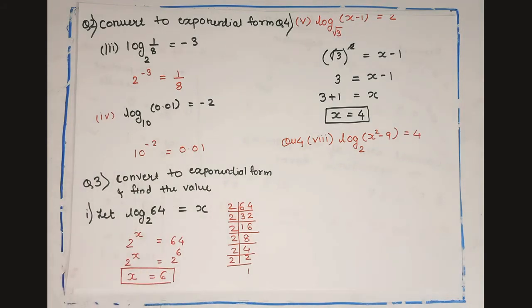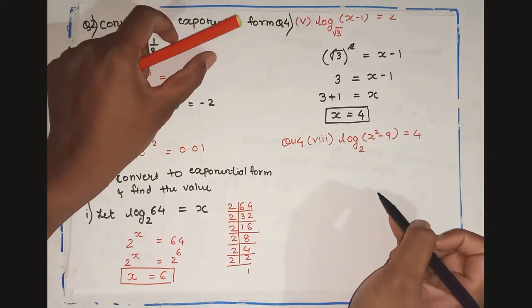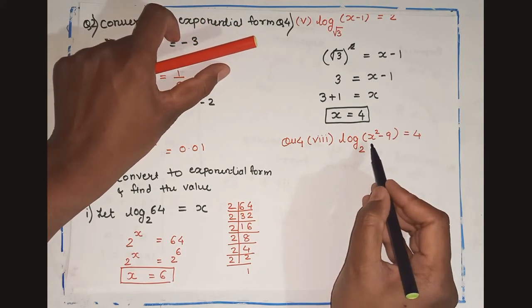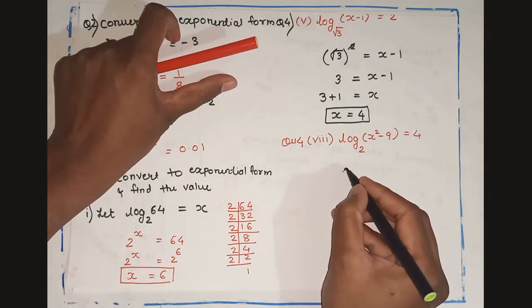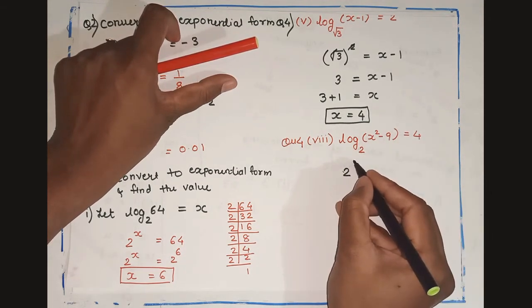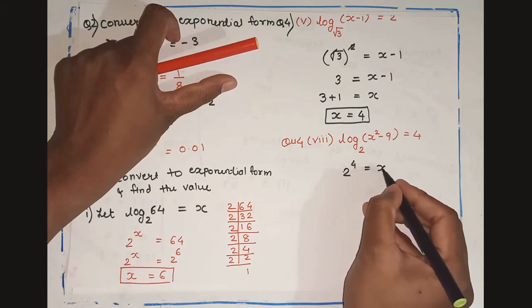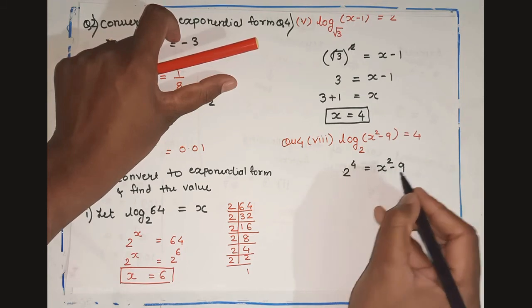Now here in this problem, this also you convert into exponent form, since you have to find out the value of x. So your exponent form will be 2 to the power 4 equals x square minus 9.